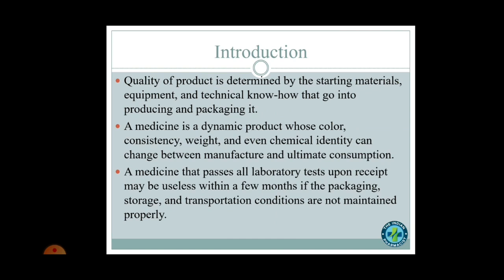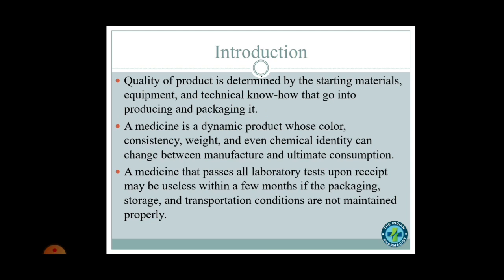So what is the quality of a pharmaceutical product? As in most manufacturing processes, the quality of a final pharmaceutical product is determined by the starting materials, equipment, and technical know-how that go into producing and packaging it. It means whatever materials are used in the manufacturing determine the quality of the product.